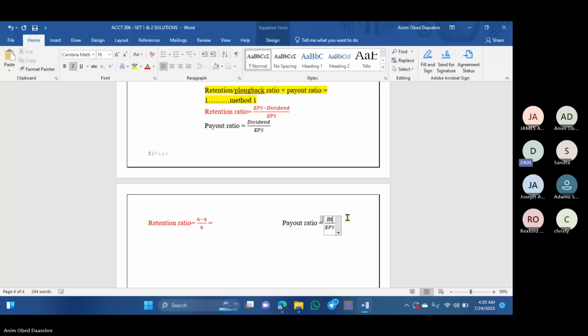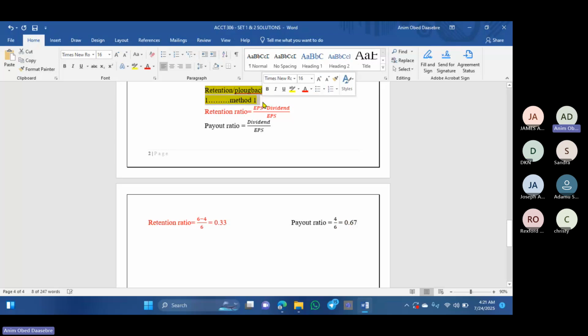That's 0.33. Okay, now do this for the payout ratio so that I'll show you how the two approaches work. It is 0.67. Now let's find the retention ratio from the first method.